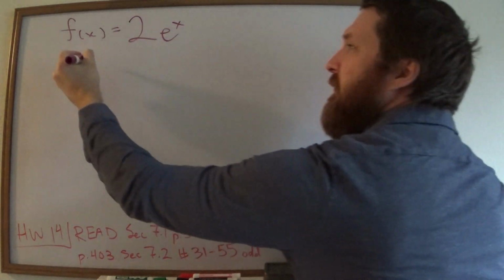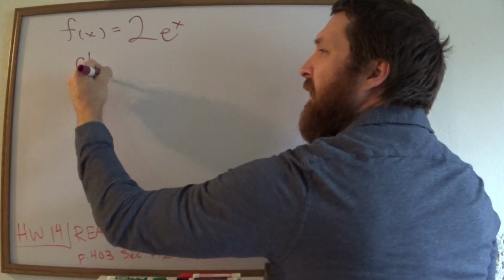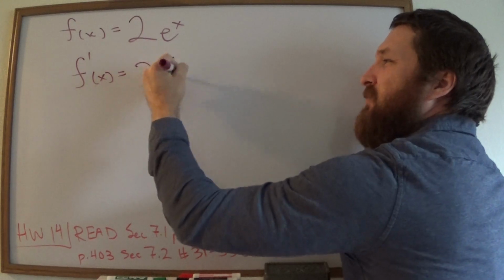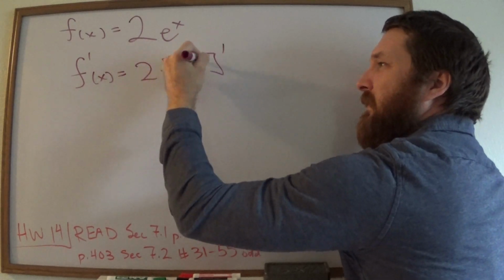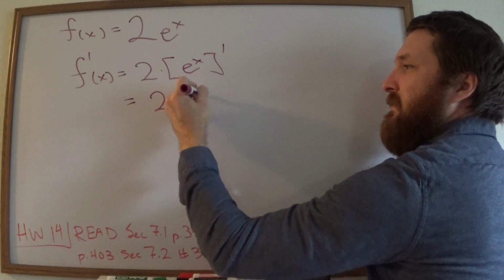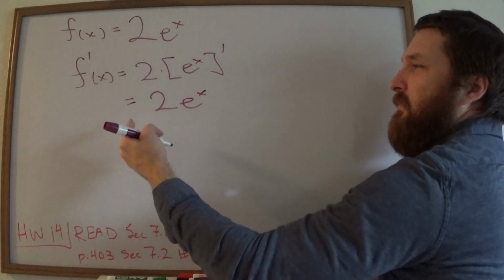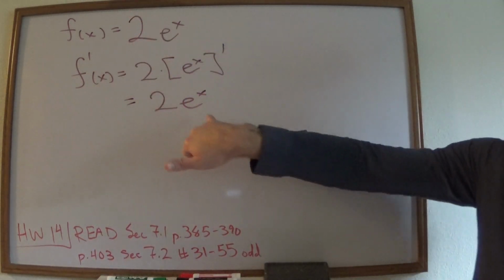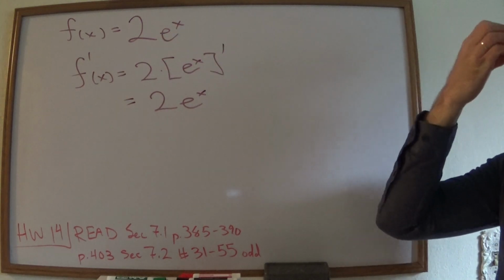What's its derivative? 2 times, and let's just do the derivative of e to the x. What's the derivative of e to the x? E to the x. 2 times e to the x. So it's the same, right? A constant doesn't change that. And so that's kind of how that works.